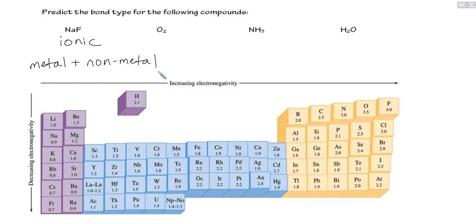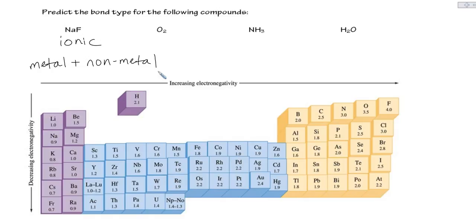The metal is usually the atom that wants to donate electrons, and the nonmetal is the atom that would like to gain electrons. Just looking at the periodic table and their electron structure, the amount of valence electrons you'd have, it makes sense.